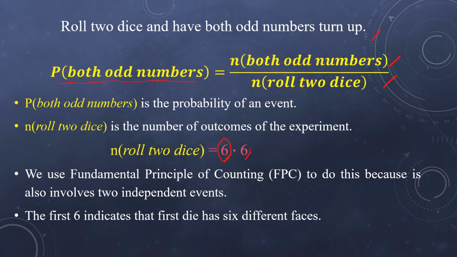We also write 6 here because it is the same for the second 6. It has 6 different faces. And the number of all possible outcomes when we roll 2 dice is equal to 36.